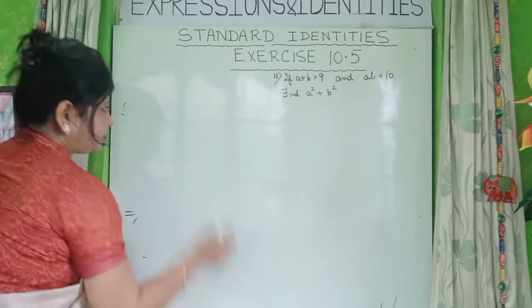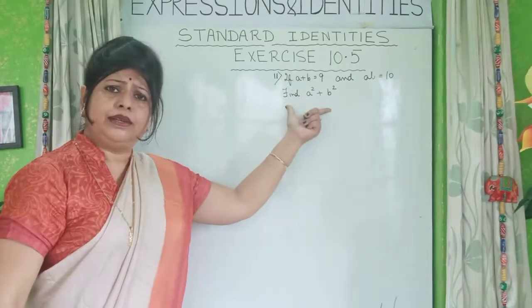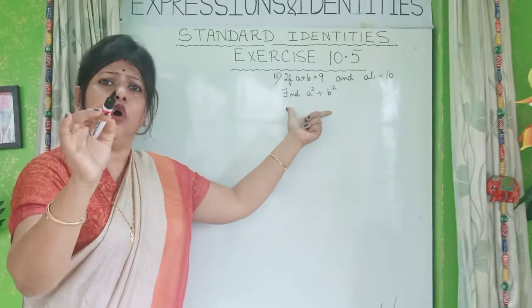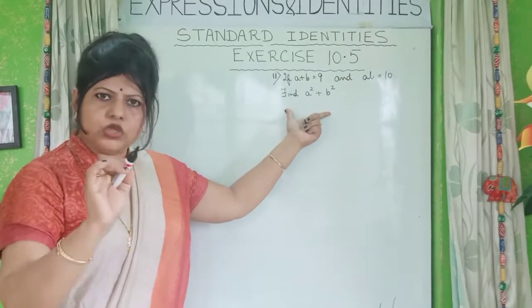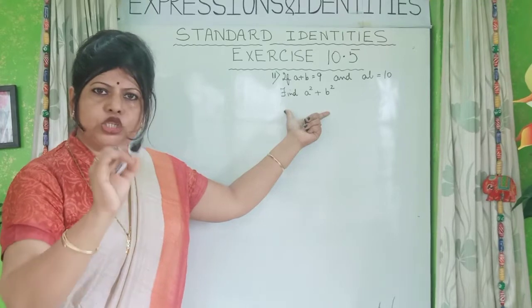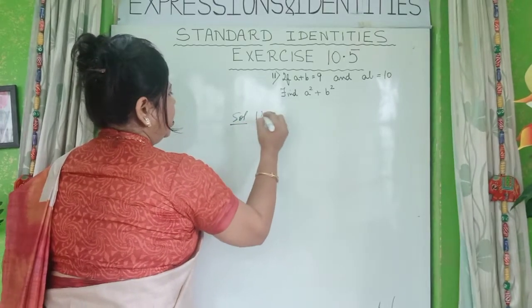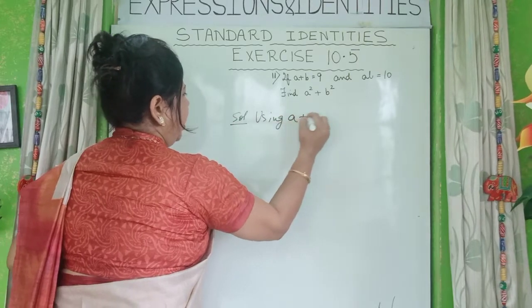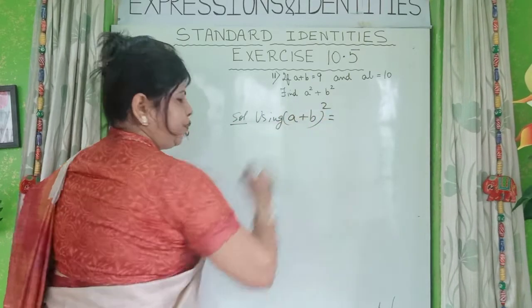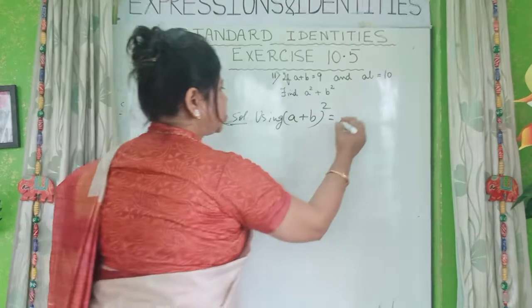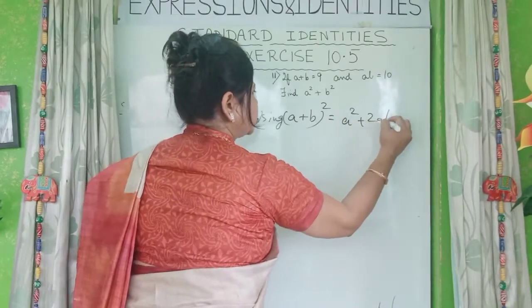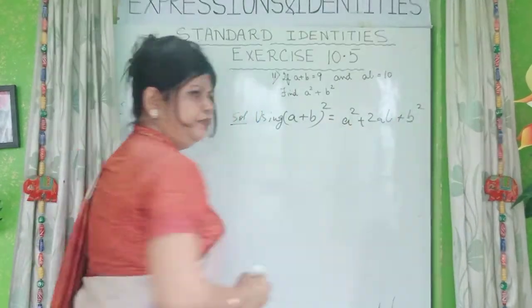Now children, when I come here, a plus b whole square, if I use this identity, a plus b whole square equals to what? See, solution using a plus b whole square. So a plus b whole square equals to a square plus 2ab plus b square.